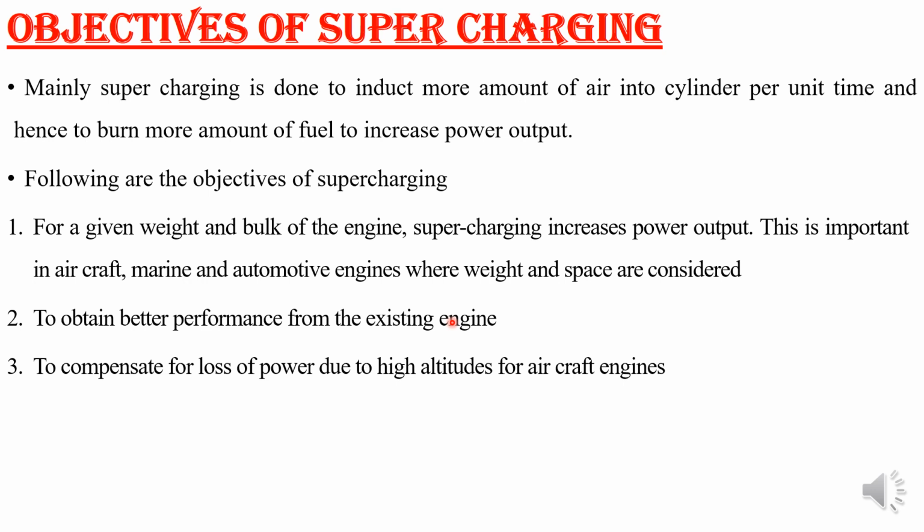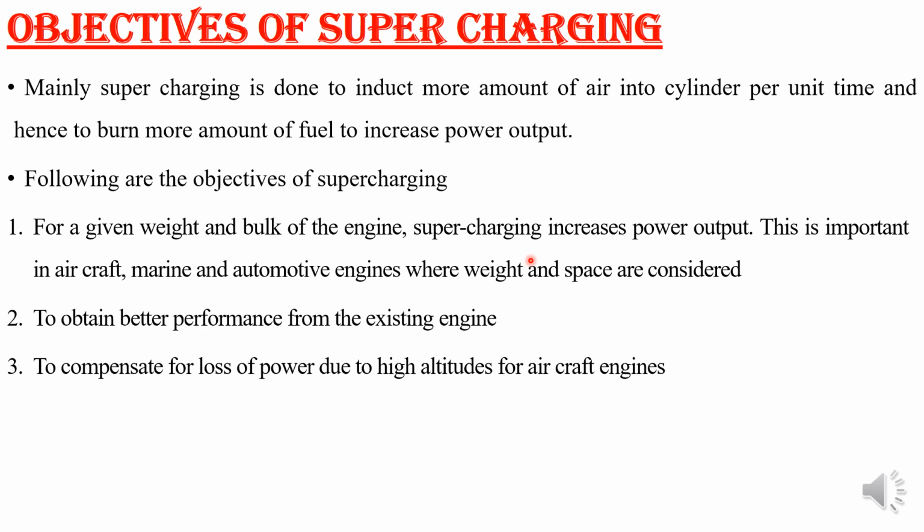Whenever you talk about loss of power in an aircraft engine, it is approximately 1% per 100 meters of altitude. That means for each 100 meters of altitude, we may get a 1% loss in power.